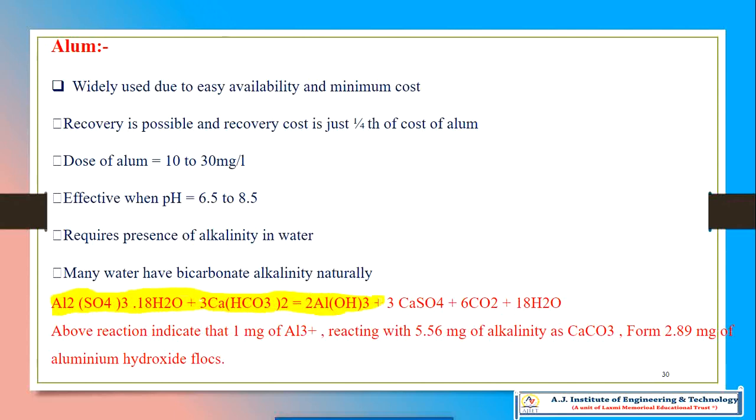This is the highlighted version of the chemical formula. See how this is implemented.